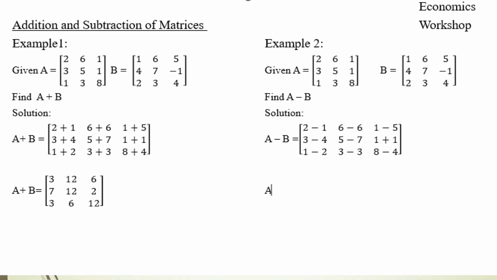We have A minus B equals to, so we have the results. We have 1, we have 0, we have minus 4, we have minus 1, we have minus 2, we have 2, we have minus 1, we have 0, we have 4.